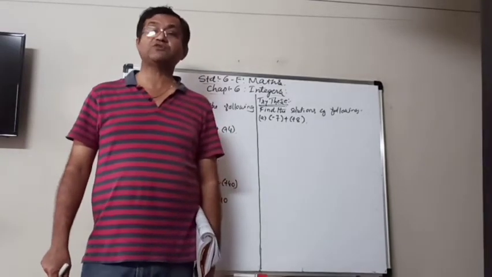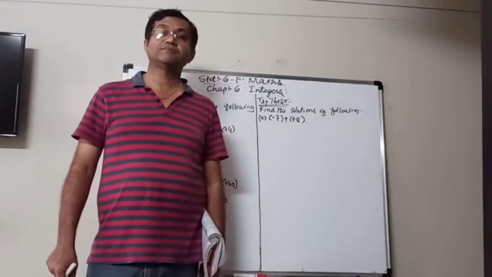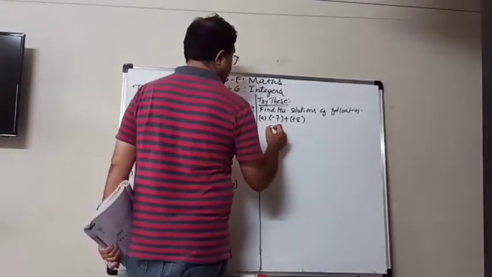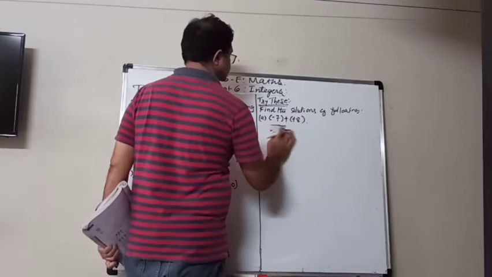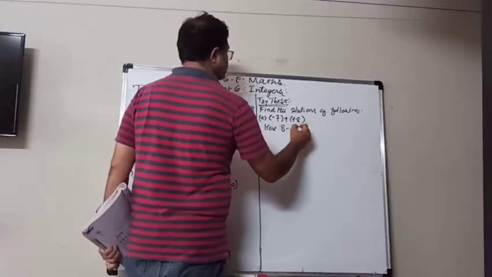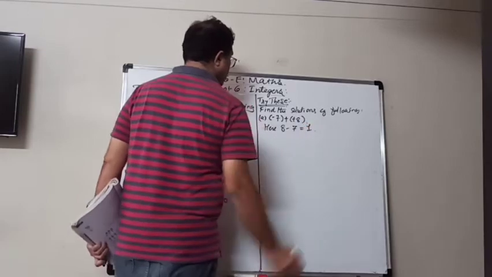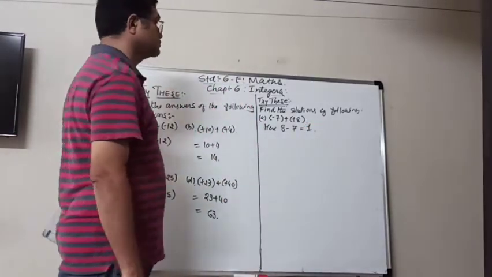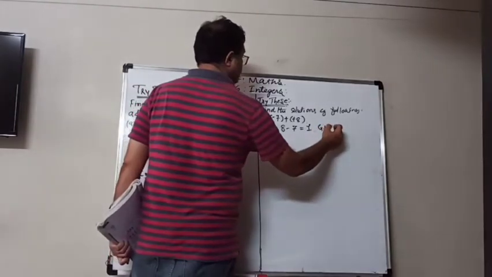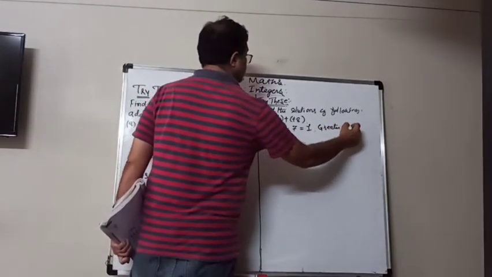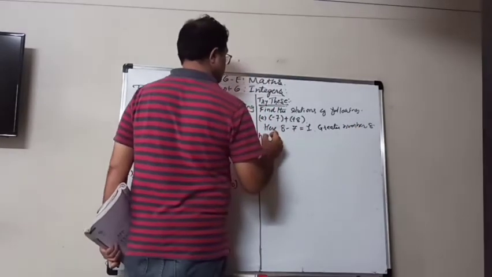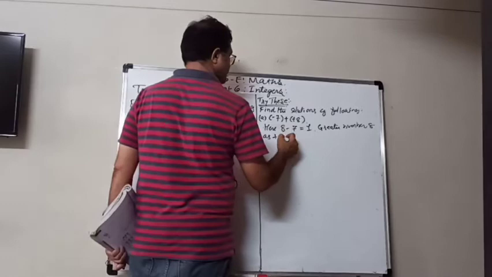In this situation we have to subtract the smaller from the greater. So here 8 minus 7 is equal to 1. The greater number, 8, has which sign? Plus sign.